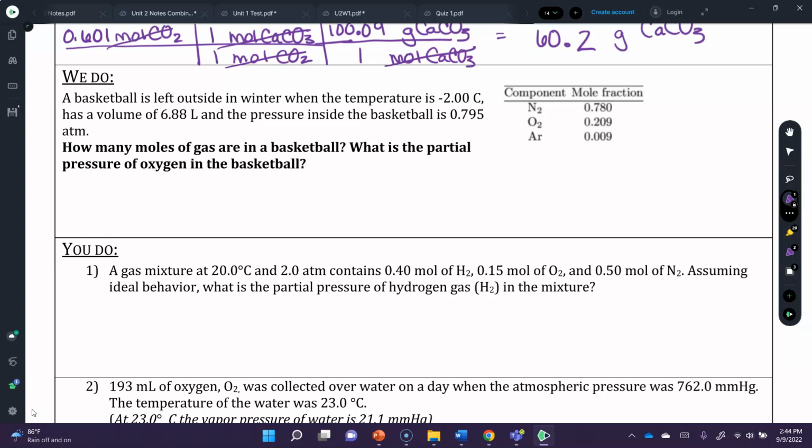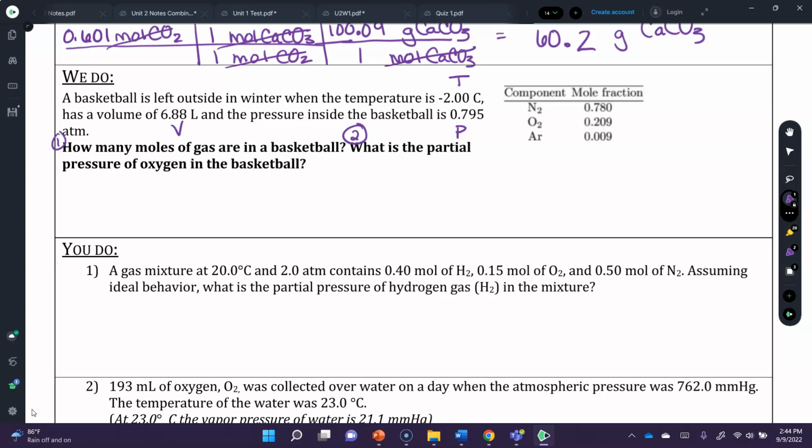Okay, so I am given a temperature, a pressure, and a volume. It wants to know how many moles of gas are in the basketball. So that's my first question. And then my second question is, what is the partial pressure of oxygen in the basketball?